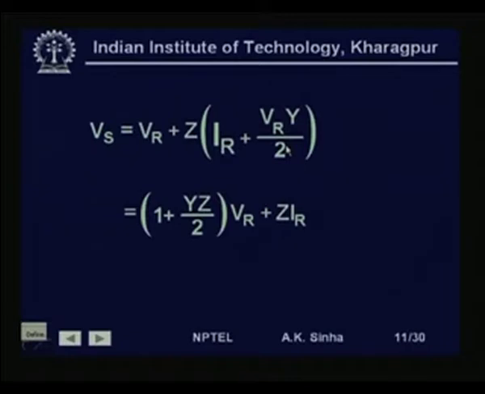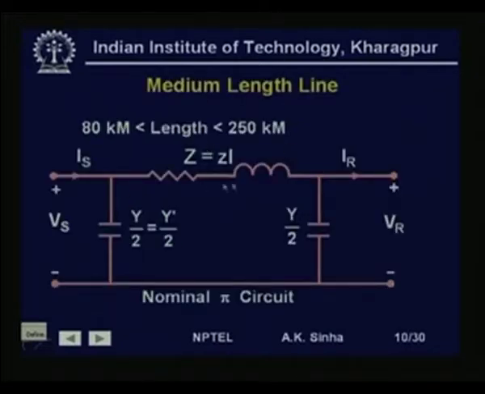Now, if you look at this circuit, Vs, this voltage, will be equal to Vr plus the drop in this. What will be the drop in this? It will be equal to the current flowing in this part, Ir plus Vr into Y by 2, multiplied by Z. So, Ir plus Vr into Y by 2 is the current, and this multiplied by Z gives us the drop.